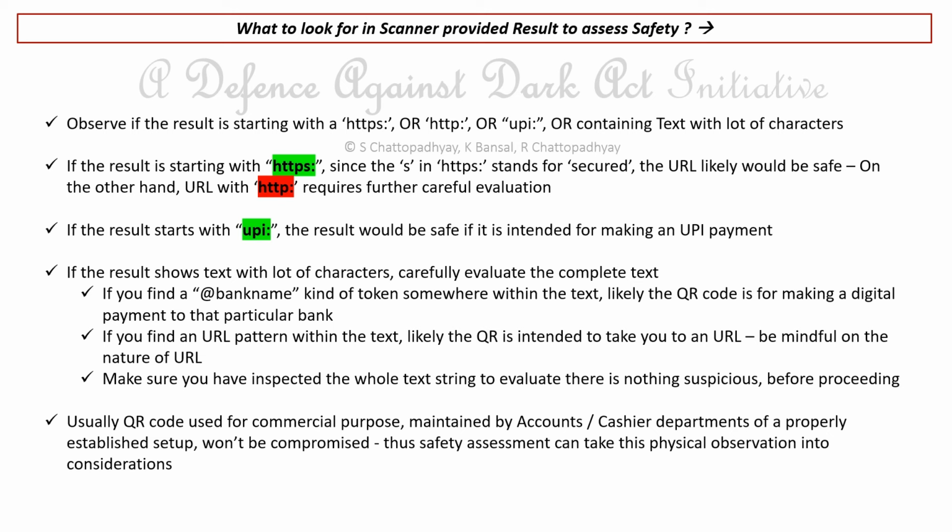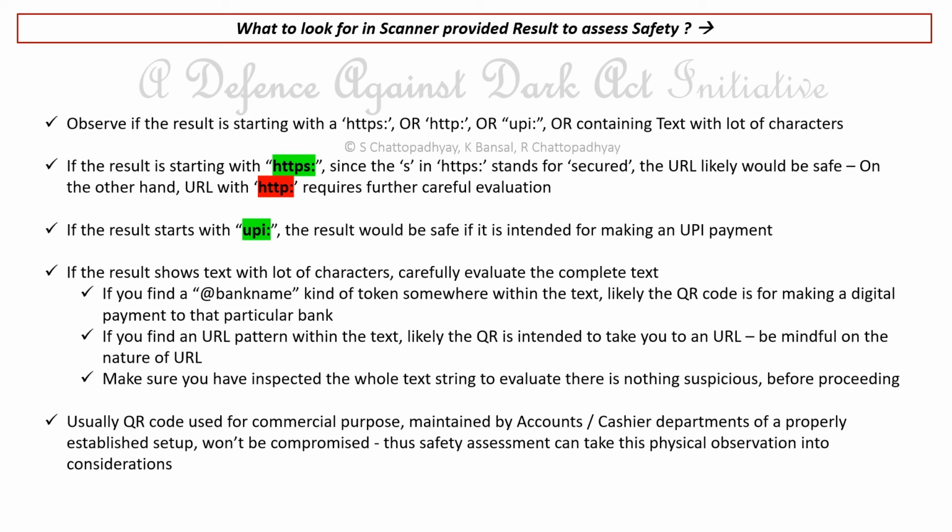So if it is a URL, you need to look at the complete URL, whether there is an HTTP or an HTTPS. And if it is HTTPS, it means it's secured. So the likelihood is high that the URL will perhaps be safe. And then you can make out by looking at the domain name that this is the URL that you would actually like to visit.